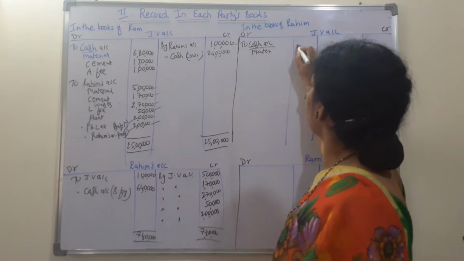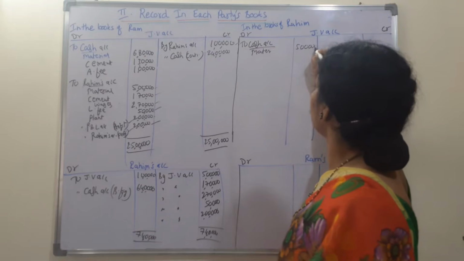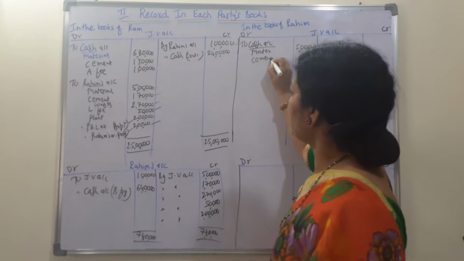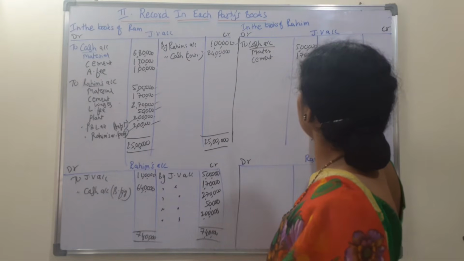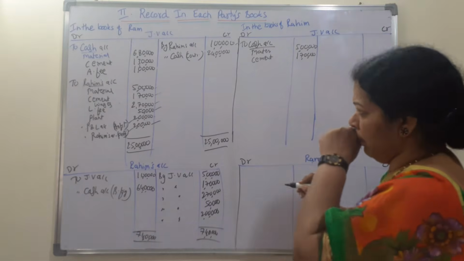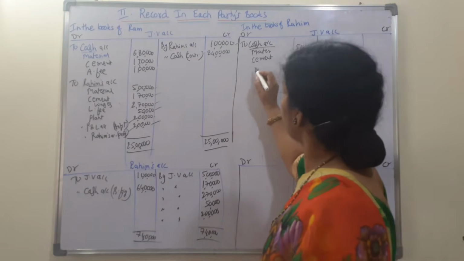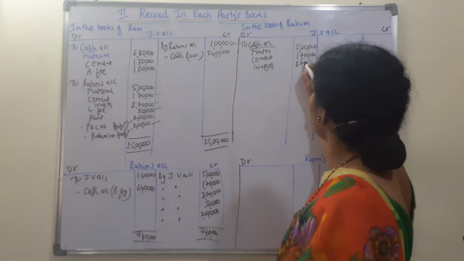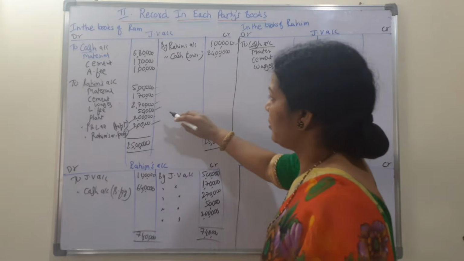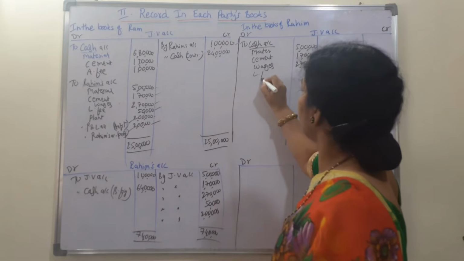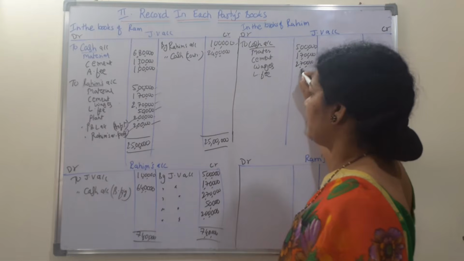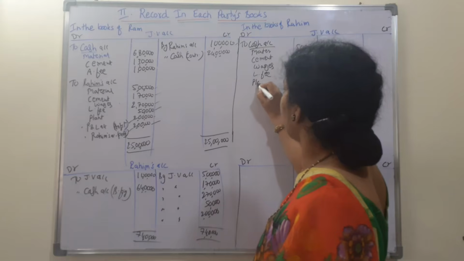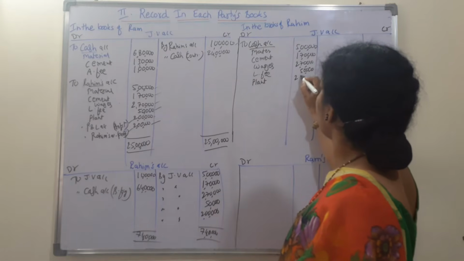Material 5 lakh, then cement 1 lakh 70, then wages 2 lakh 70, then fee 50,000 and plant 2 lakh.